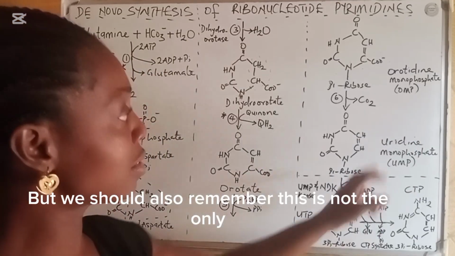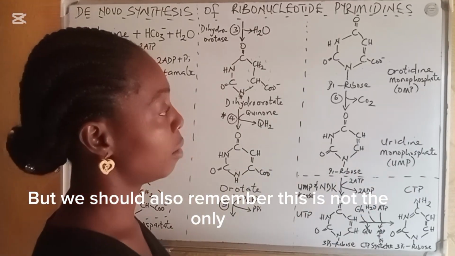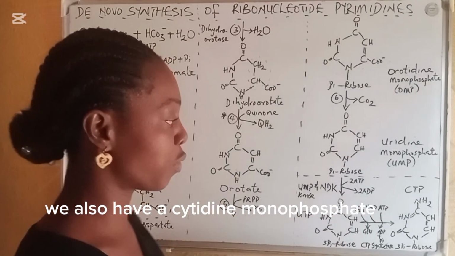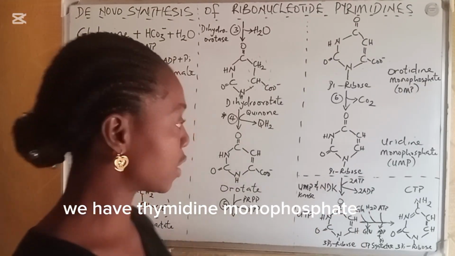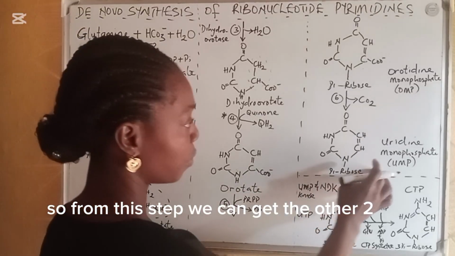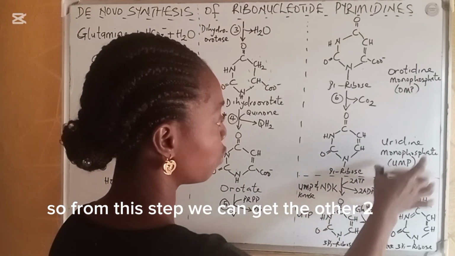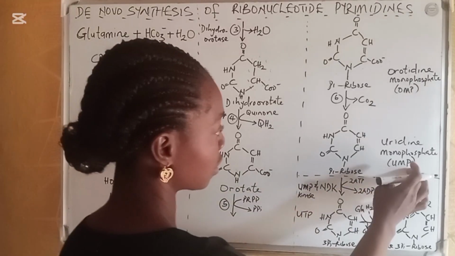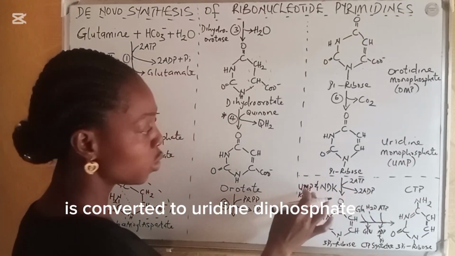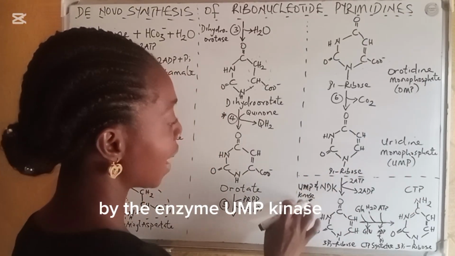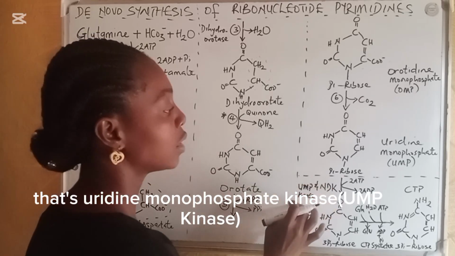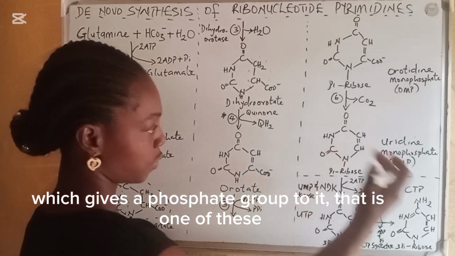But we also remember this is not the only pyrimidine that we have. We also have cytidine monophosphate, and we have thymidine monophosphate. So from this step, we can get the other two from uridine monophosphate. The first thing that happens is that uridine monophosphate is converted to uridine diphosphate by the enzyme UMP kinase, or uridine monophosphate kinase, which gives a phosphate group to it.